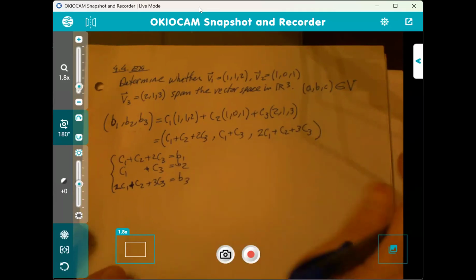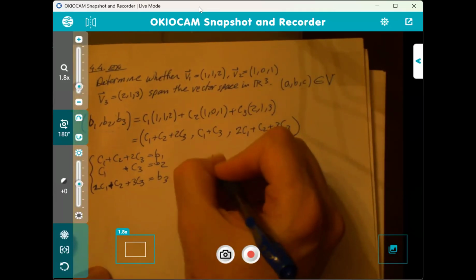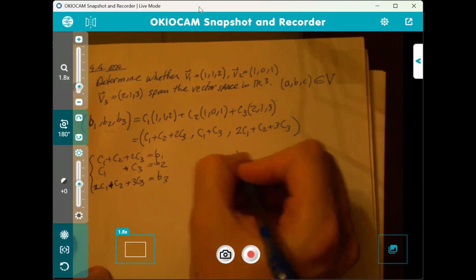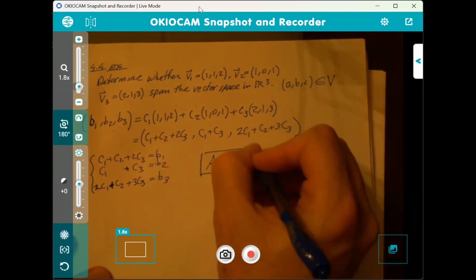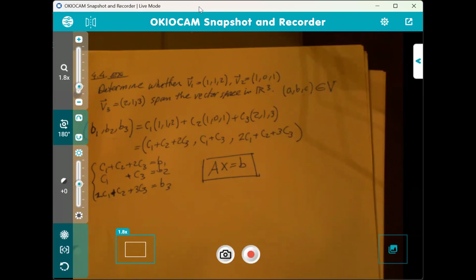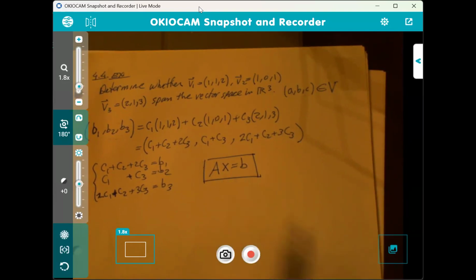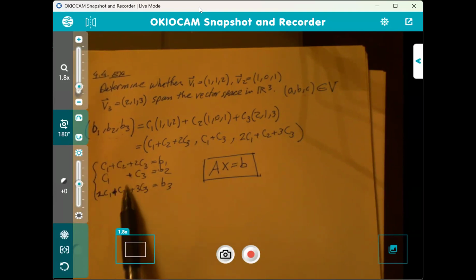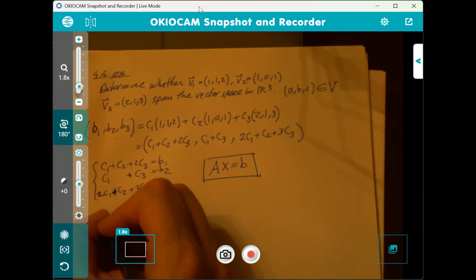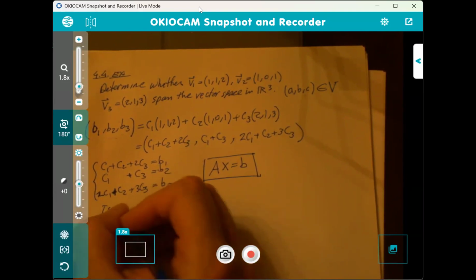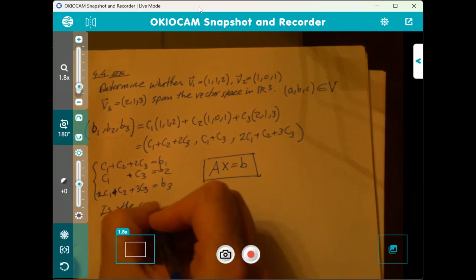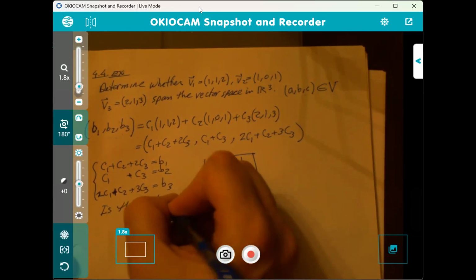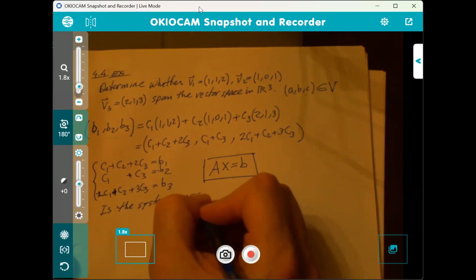This system is in the general form AX equals B, isn't it? Like the one that was on your exam, remember? The general system is in this form. Instead of X, I have C, the coefficients. So the question we want to ask is: is the system of equations consistent?